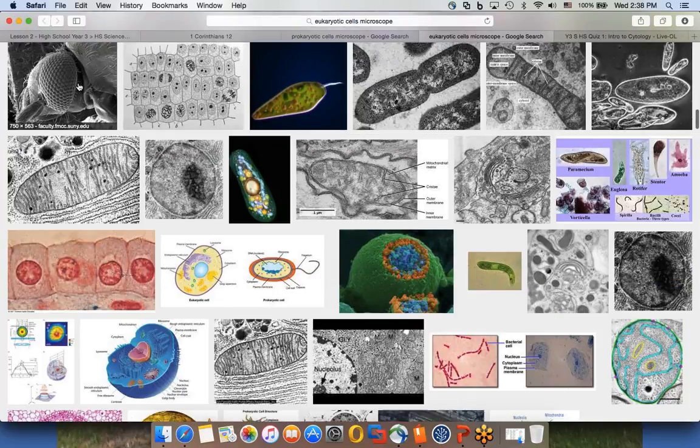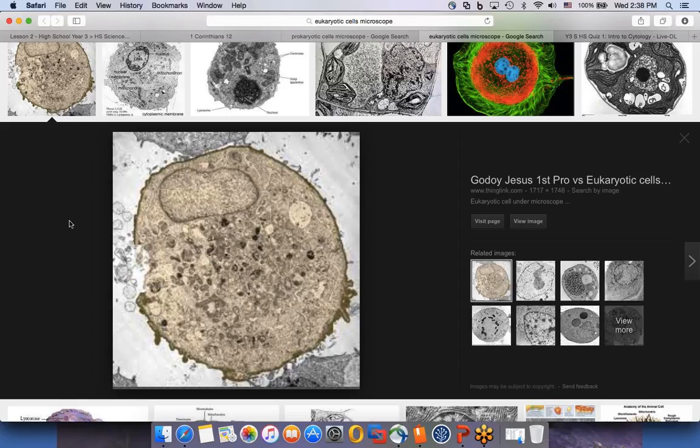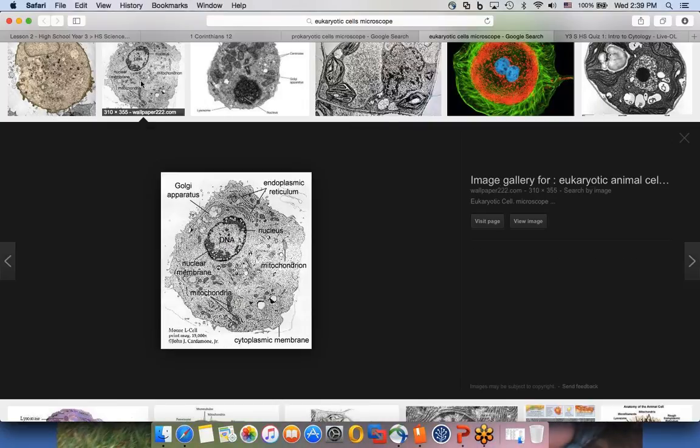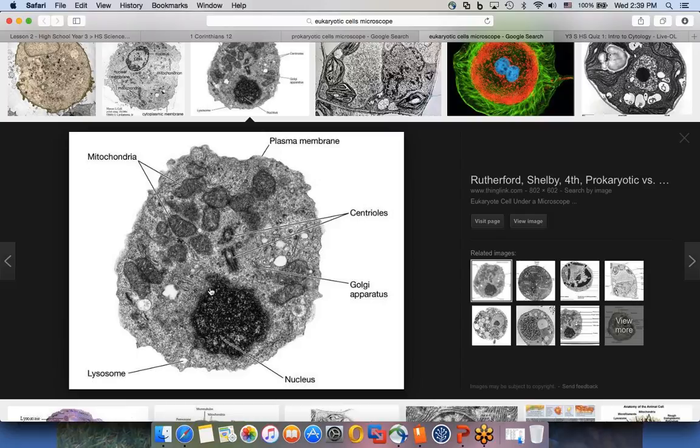But we can see a lot of images there of the things we are studying. In this case, we see a eukaryotic cell, all the different organelles within the cell, and the well-defined nucleus inside it. Some images have labels, others don't.